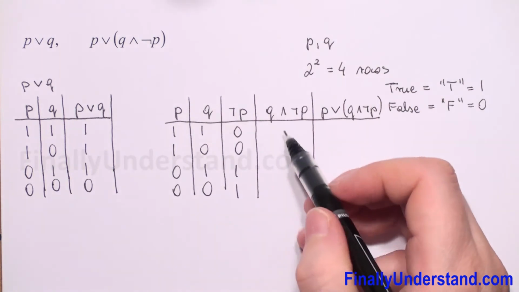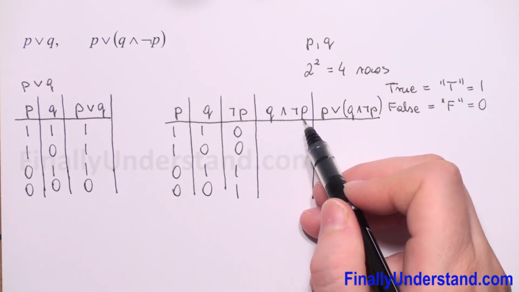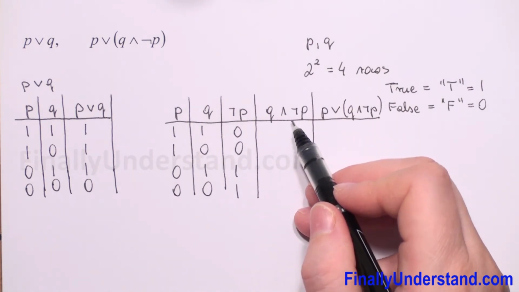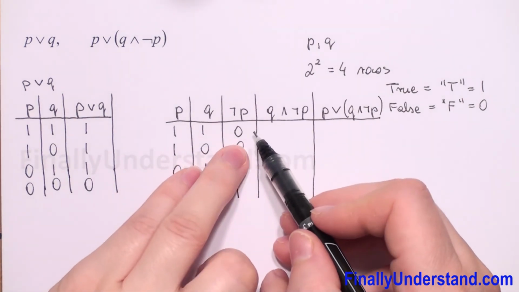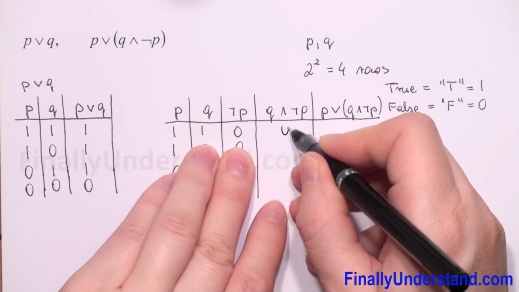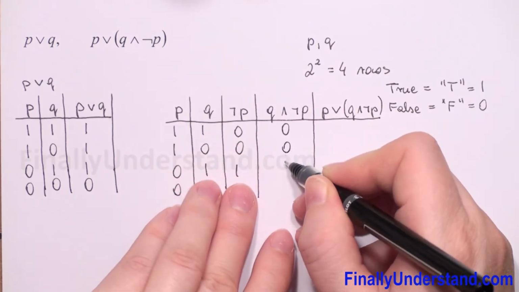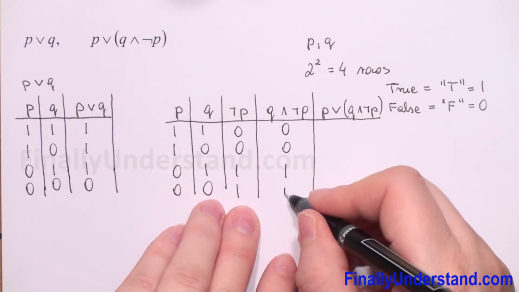In the fourth column we have the conjunction Q and not P. We know that a conjunction is true only when both simple statements are true. So we have the negation of P and Q. 1 and 0 is 0, 0 and 0 is 0, 1 and 1 is true, and 0 and 1 is 0.